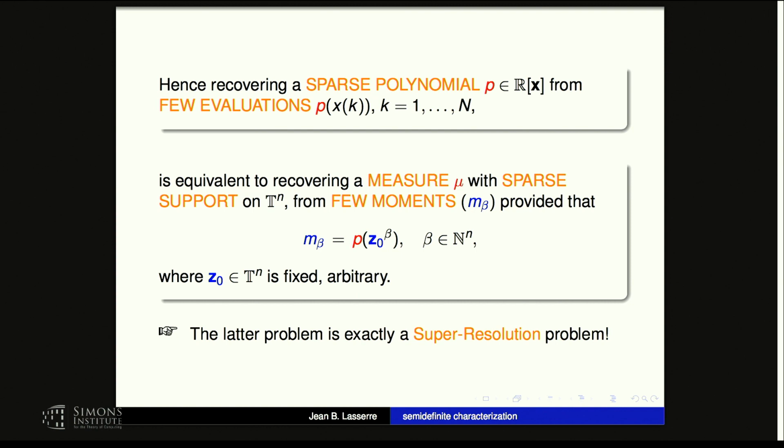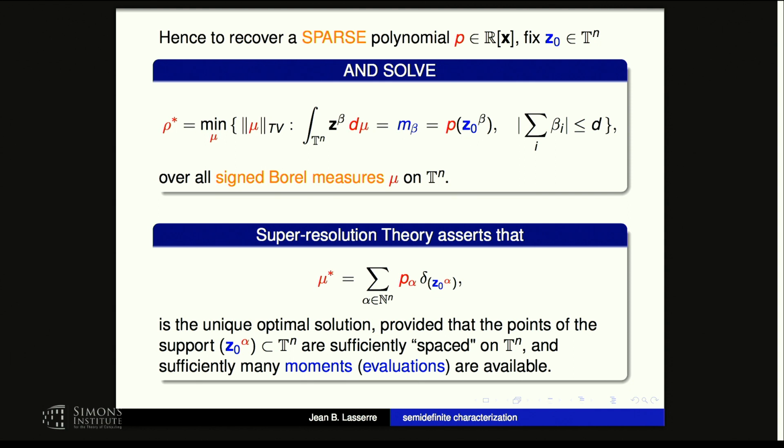So now you just import the tools from super resolution to say that under some condition, there is a nice way to recover your unknown polynomial. It will be the unique solution of a certain problem. So your sparse polynomial will be the unique solution of this infinite-dimensional LP on the space of measures. You look for a measure mu on the torus.